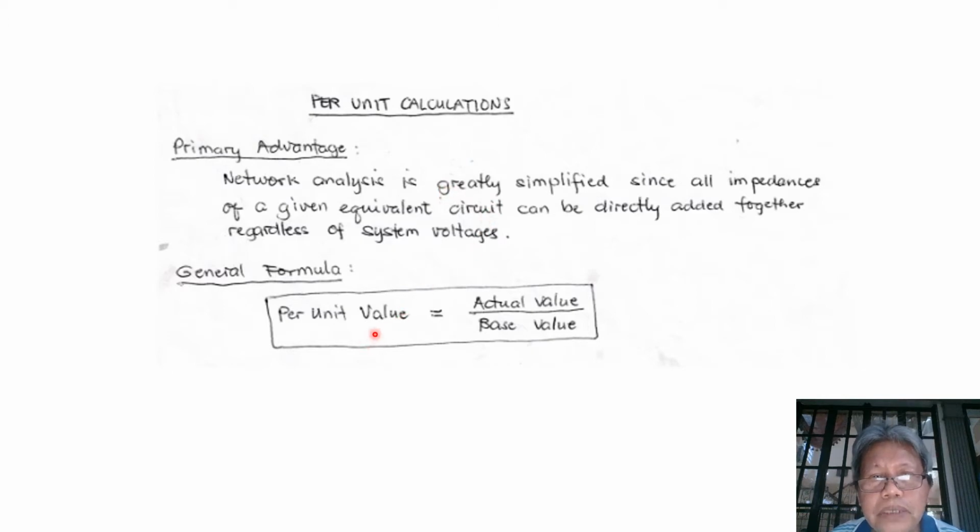The per unit calculation is simply transforming the actual values of the parameters of the circuit based on a certain reference value, which we call the base value.